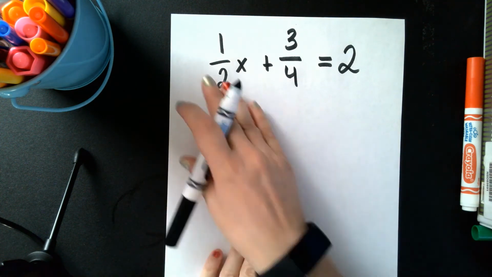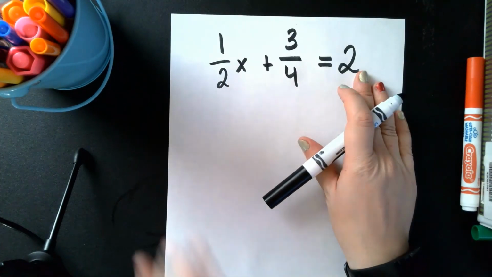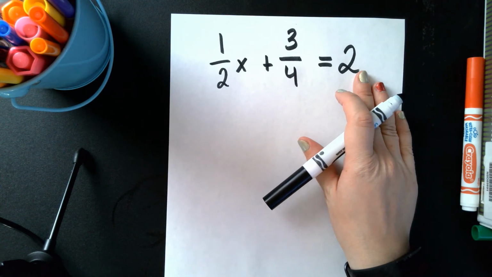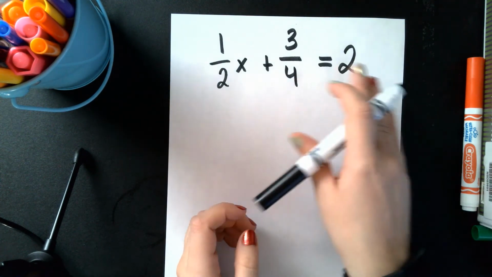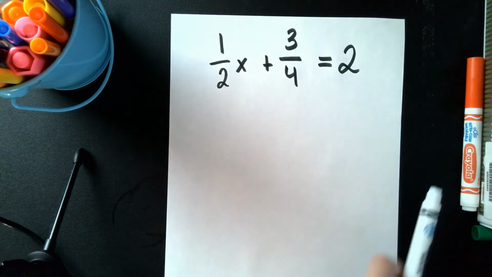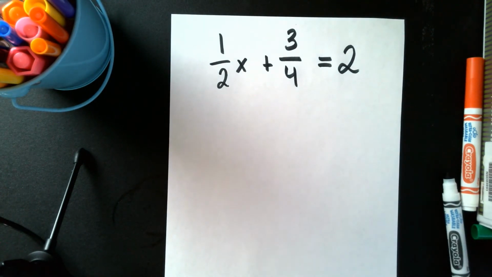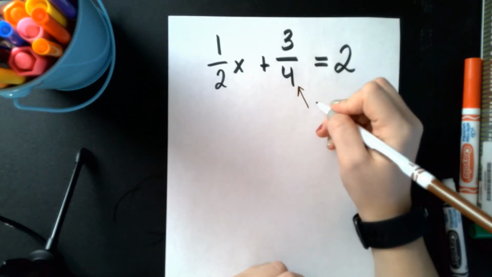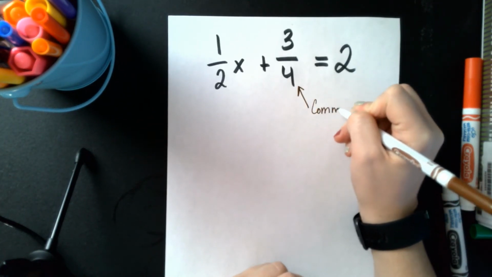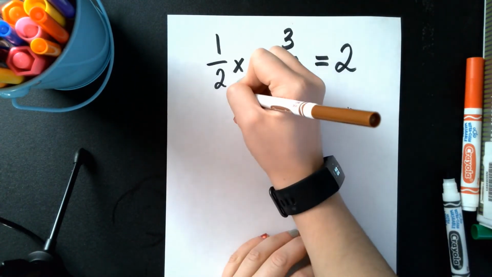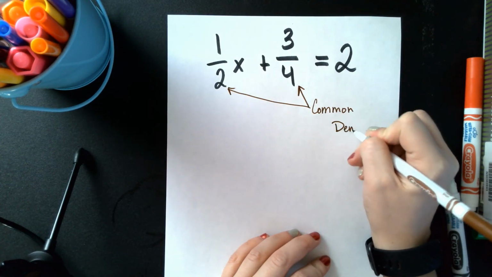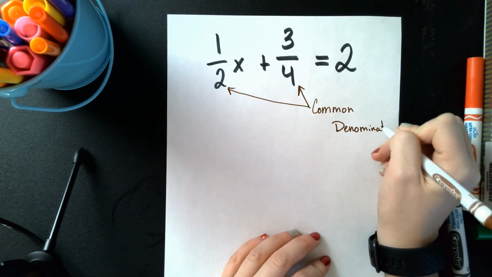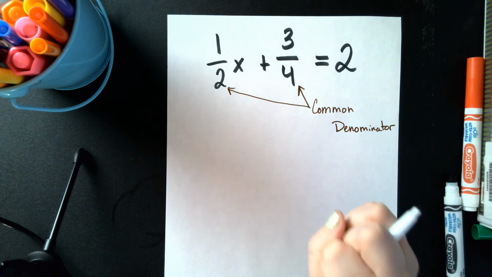Same principle, I'm going to multiply everything here by something. In this case, it's not a power of 10 because I'm dealing with fractions. What I'm going to multiply by is a common denominator. Okay? We are looking for a common denominator between these two, right?